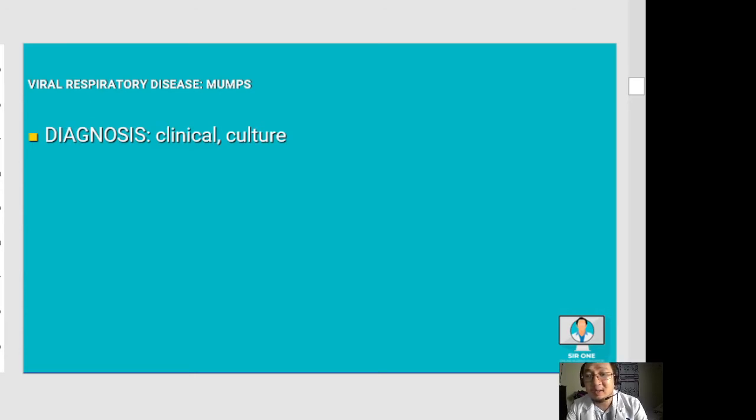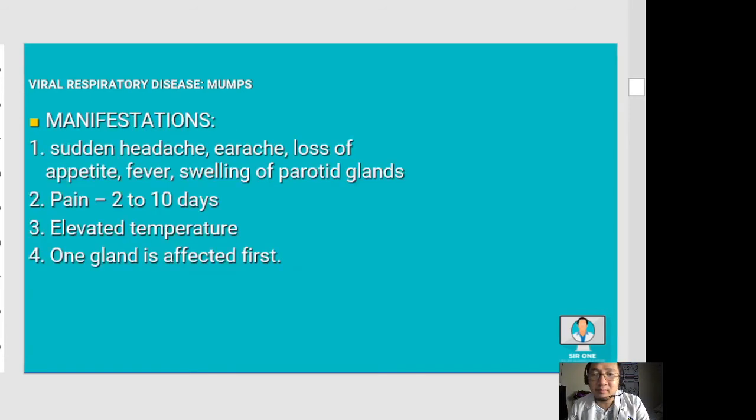That's the very least basis for diagnosing infectious parotitis. And these are other manifestations: sudden headache, earache, loss of appetite, fever, which is general, and swelling of the parotid glands, where maybe one or two glands are affected.